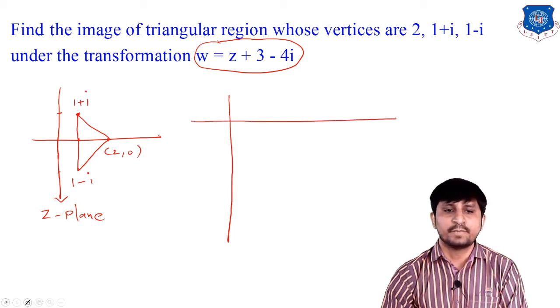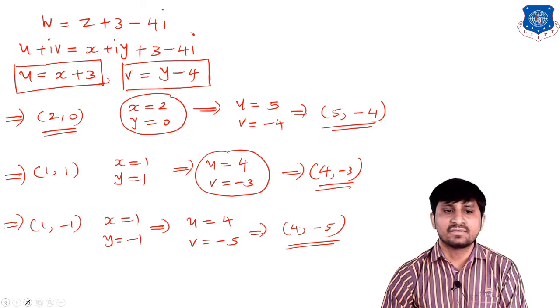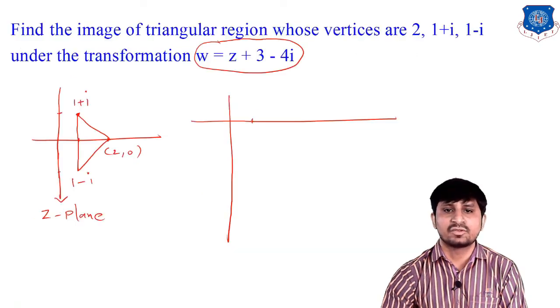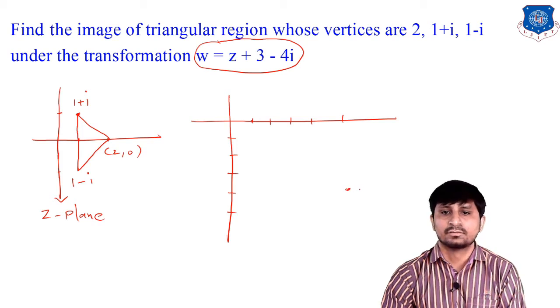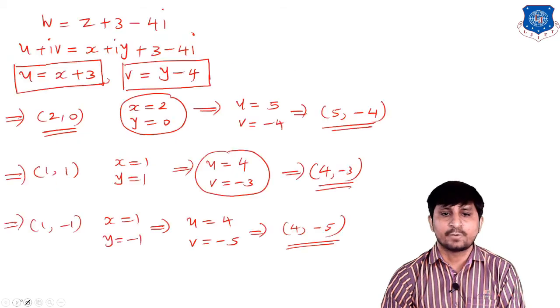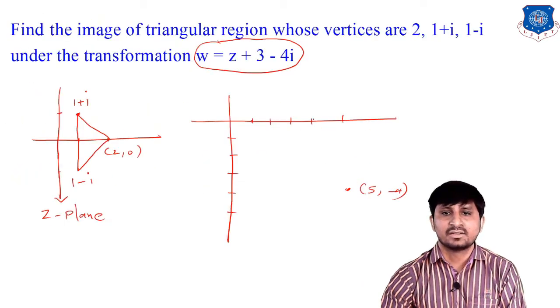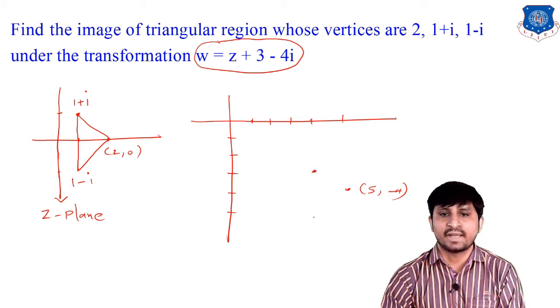Suppose this is my W plane. The first point is (5, -4). So this is 1, 2, 3, 4 and 5, and this is minus 1, minus 2, minus 3, minus 4, minus 5. So (5, -4) is somewhere here. This is my point (5, -4). Then what is my next point? (4, -3), and this is (4, -5).